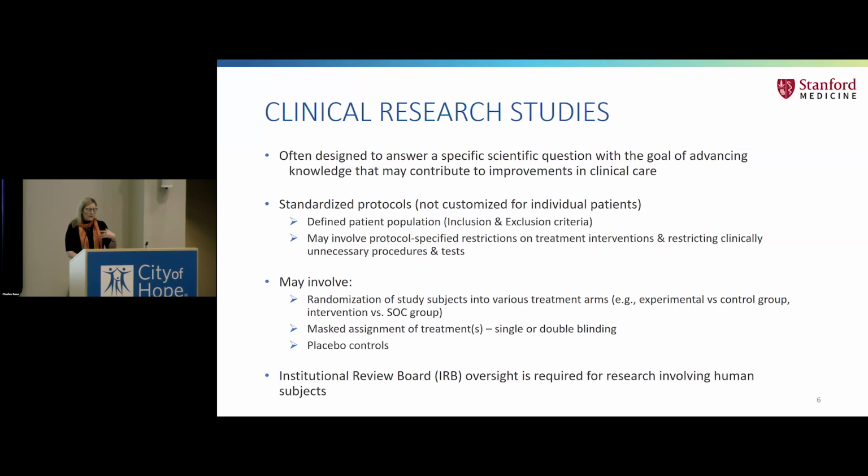But because of this, pretty much all research that involves human subjects is going to be overseen by an institutional review board, an IRB, because the main purpose of these IRBs is to ensure the protection of the rights and the welfare of human research participants. And for clinical care, you won't have something equivalent to an IRB.